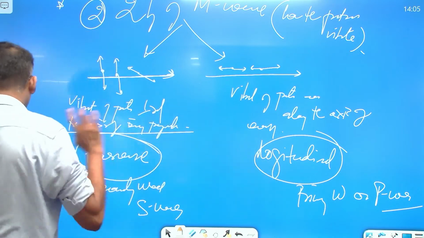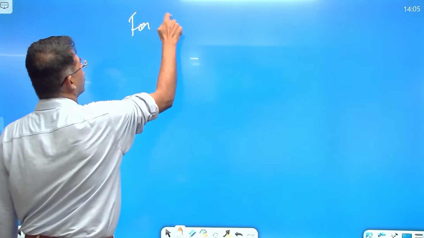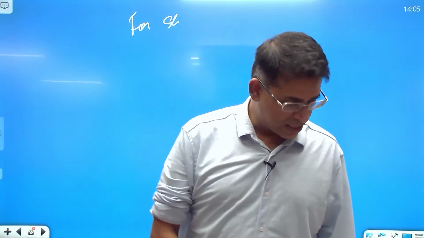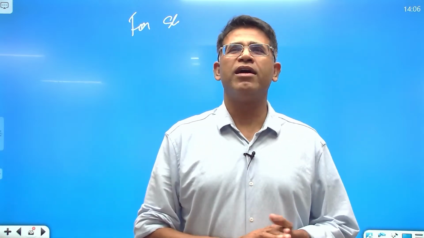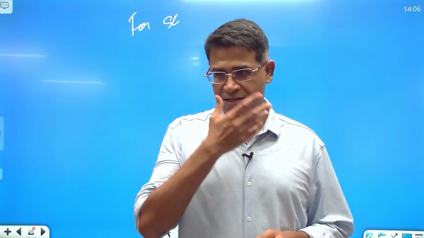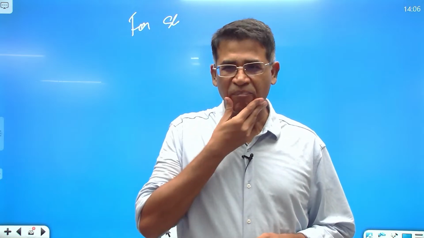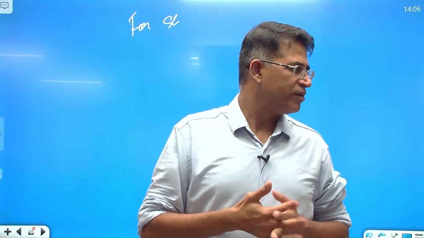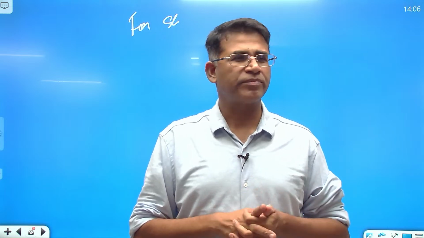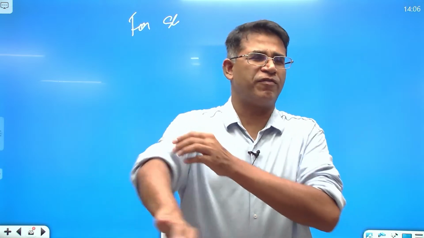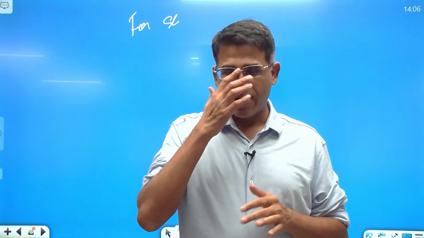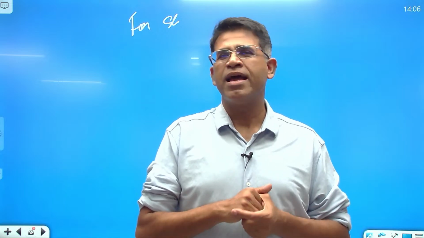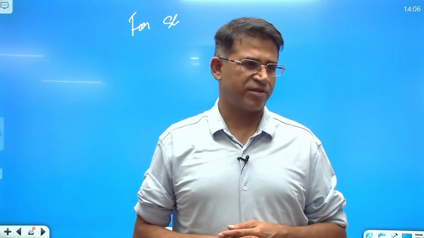So आपको जानना ये था that for the study, write on two lines: for the study of Earth's interiors, body waves are important, and the study of P and S waves.